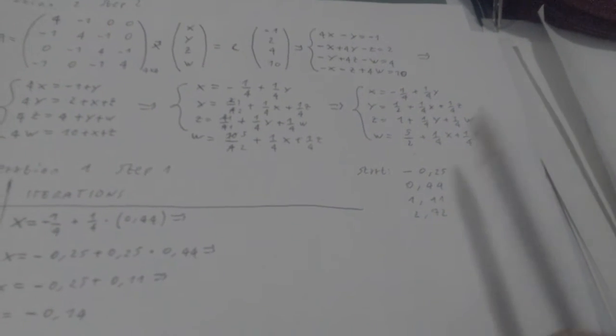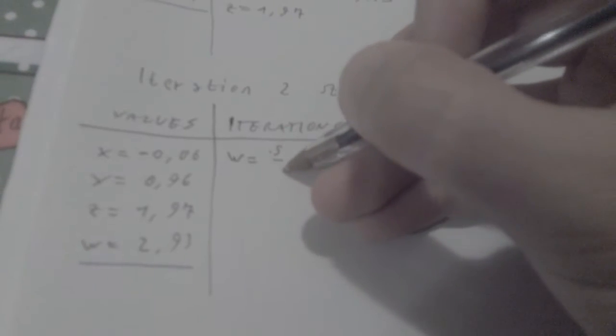So let's see what w was dependent on. So 5/2, a scalar, plus 1/4 x, so it's dependent on x, plus 1/4 z, so it's dependent on z. We're going to use the newly found values for x and z to get a better approximation for w once again. So w is 5/2, which is the scalar.